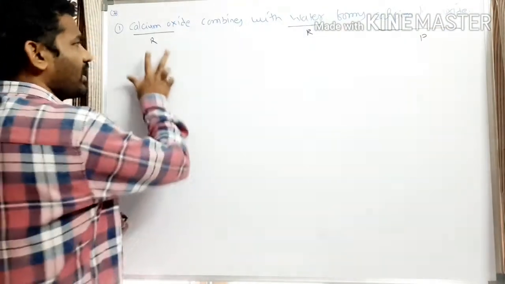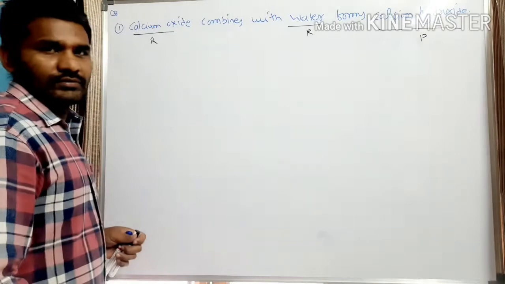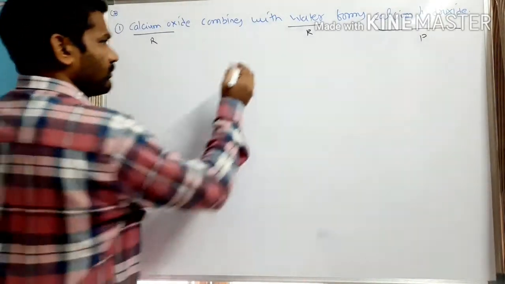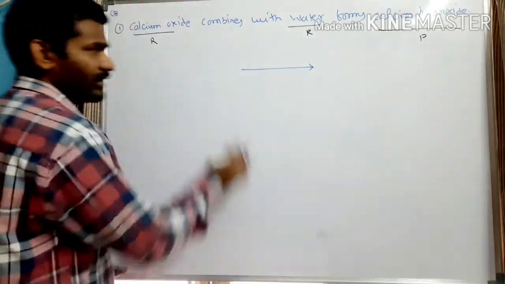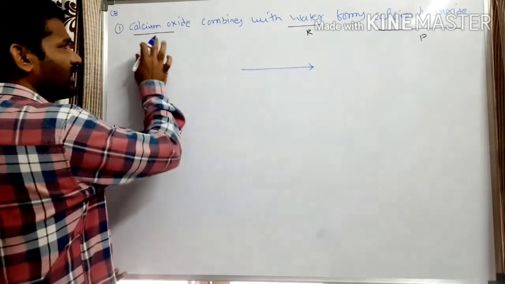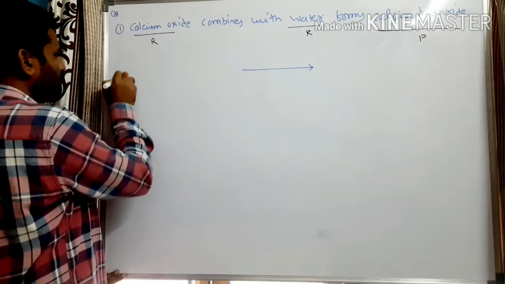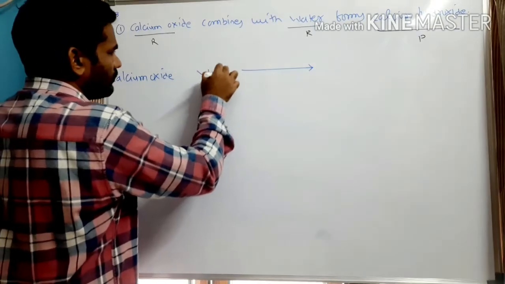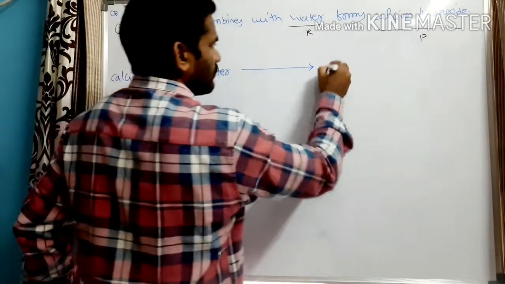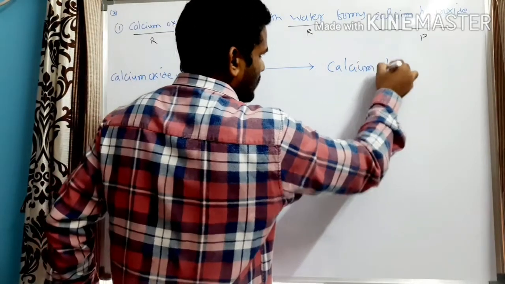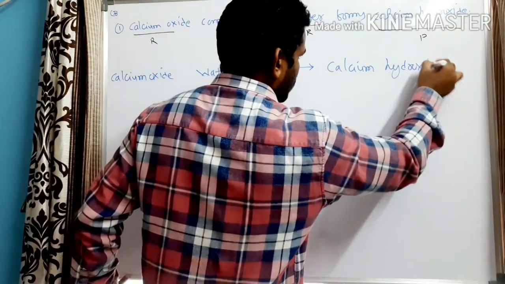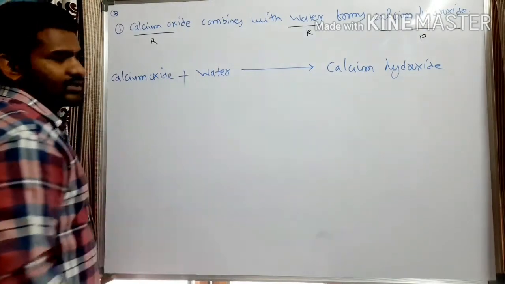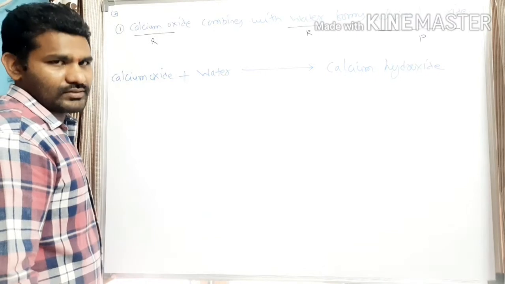First step, identify the reactant and product. Second step, separate the reactant and product by using an arrow. I have written the arrow. On the left hand side, what have I written? Reactants. How many reactants are there? Two: calcium oxide and water. What is the product? Calcium hydroxide. Only one product. Here on the left hand side, more than one reactant is there, so I have to separate them by using a plus.